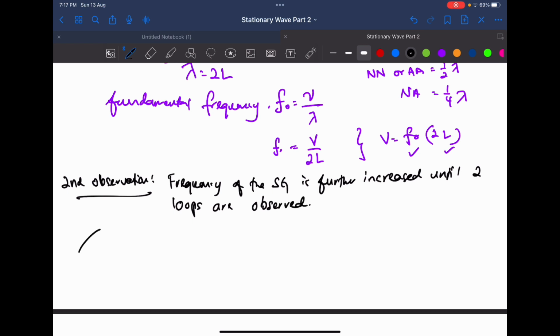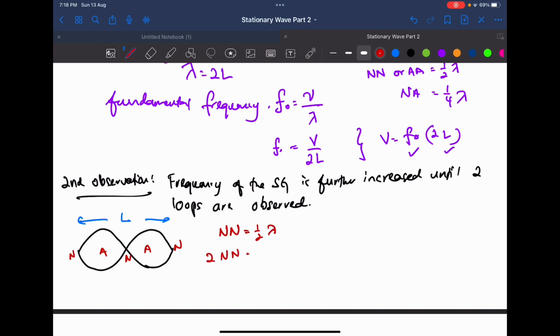So when you see two loops like this, okay, the length is the same. So in this case you have node, node, node, antinode, antinode. So in this case, node to node is half a lambda. So when you have 2 times node to node, that will be lambda. Okay, and lambda equals to L.